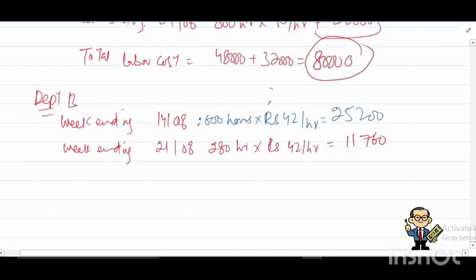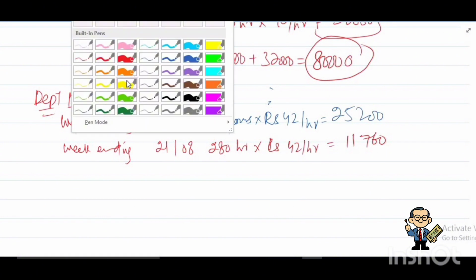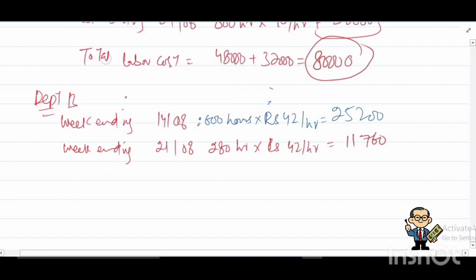Very simple. Let me change the color so it will be easier for you guys. Total labor cost.